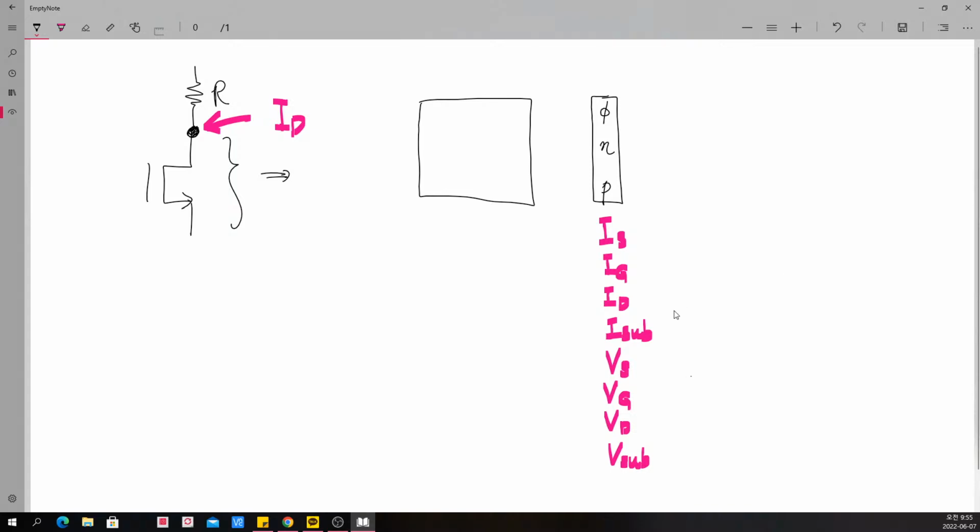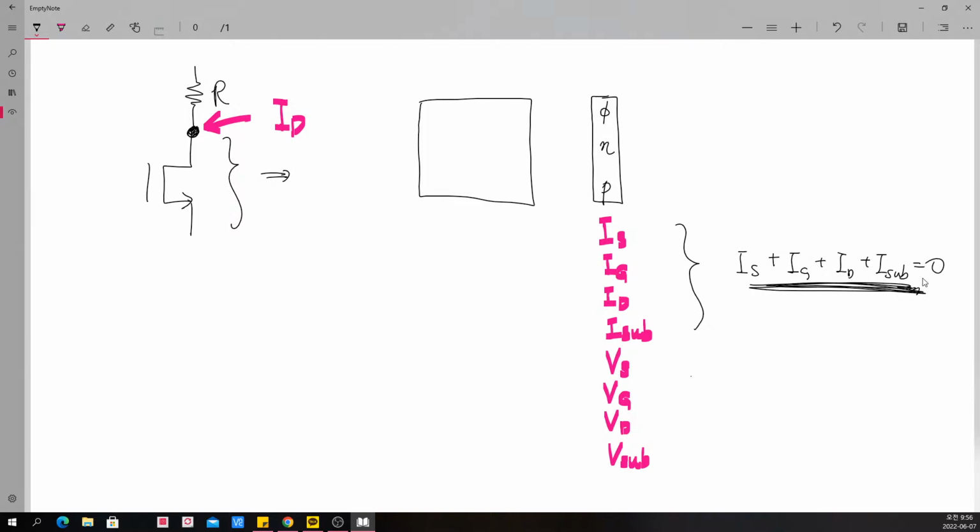Then how can you calculate them? In general, the sum of all of these four terminal currents should be zero, so you can introduce one single equation: I_sub plus the others should be zero.